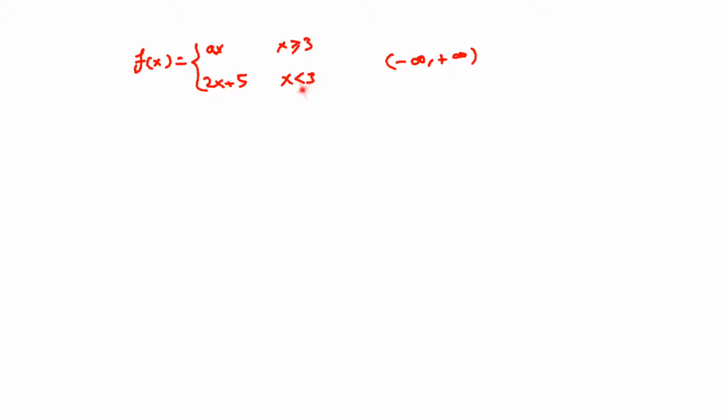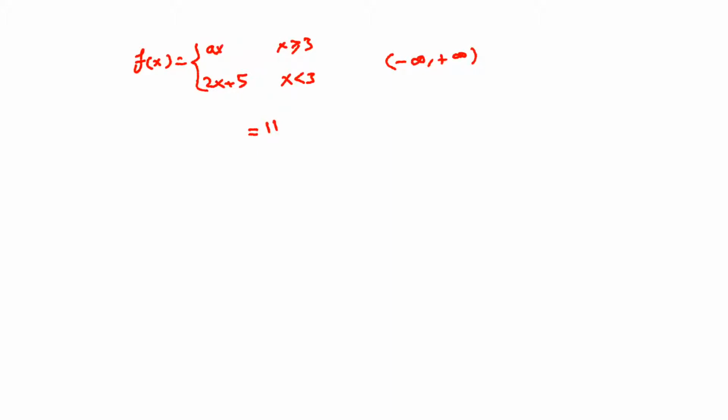As you see, for x less than 3, the function is a linear function. It's always continuous. For x greater than 3, it is always continuous too because it is linear. Therefore, the only point we need to check in order to have the function always continuous is x = 3. The left side limit of the function at x = 3 is the limit of 2x + 5 as x approaches 3, which is 11.